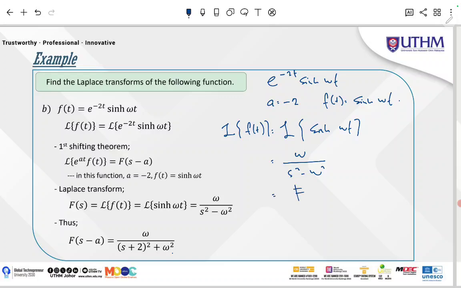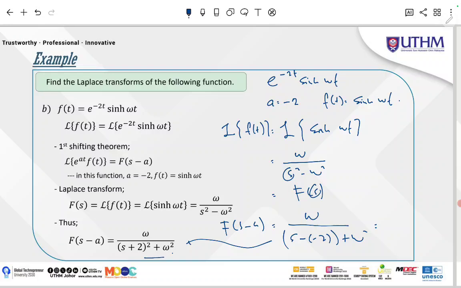This is F(s), but if you want F(s minus a), we just replace s with s minus a, which gives omega over (s plus 2) squared minus omega squared. Okay, you got some idea how to use the first shifting theorem.